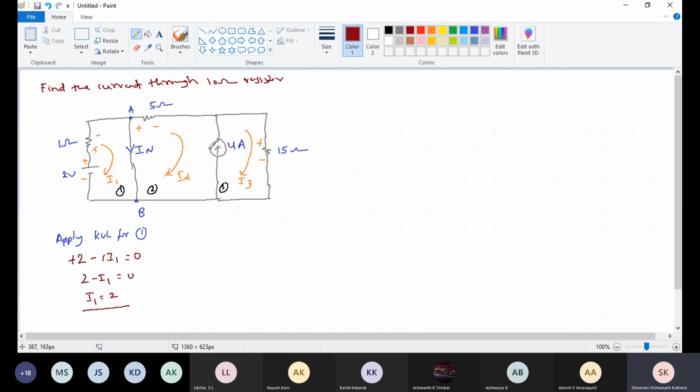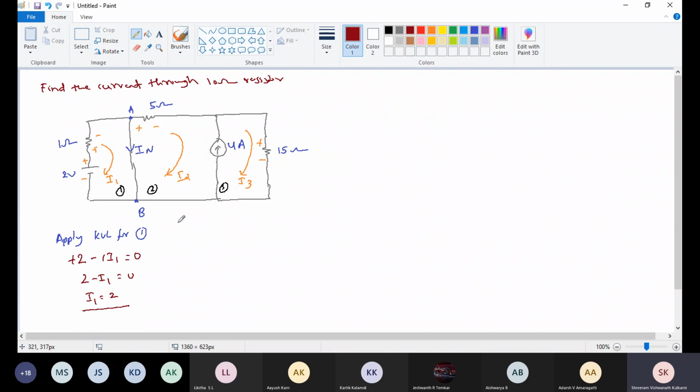Here we can see loop 2 and loop 3 form a super mesh. Why? Because the current source is common for both the loops. Now we need to write the equation for the super mesh. I3 is in the same direction as this 4 ampere current source.